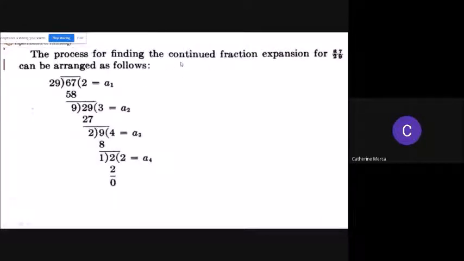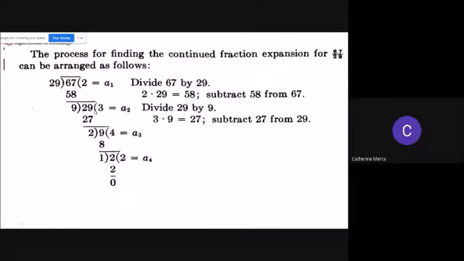So the process for finding the continued fraction expansion for 67 over 29 can be arranged as such. You divide 67 by 29 and come up with 2, which is equal to your a sub 1. Then 2 times 29 equals 58, and then subtract 58 from 67, so you have 9 there.